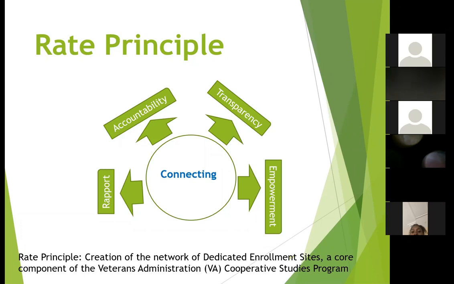And with that accountability comes transparency and empowerment. And if we function as an efficient team, then our work is much easier and we will be more successful. And our study will be more successful.